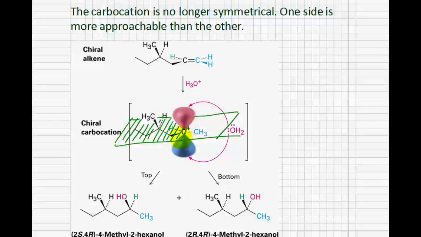The top face comes above the plane as well. But what's key here is this methyl group, right? It's not in the plane of the rest of the molecule. It's up on top of the plane. So that means the two faces are different.